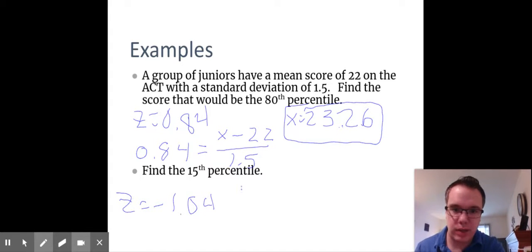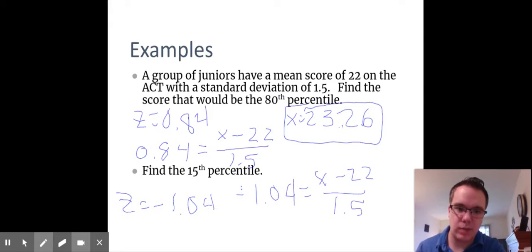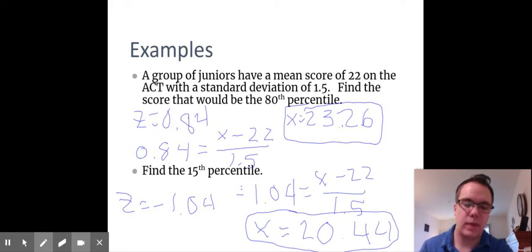If I plug that negative 1.04 in and find my x, I multiply my 1.5 over, then add 22, and I get a score of 20.44. So 15% would be below 20.44.